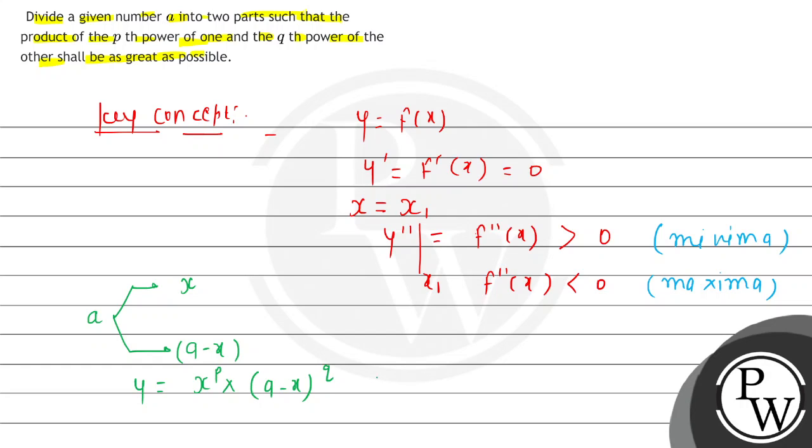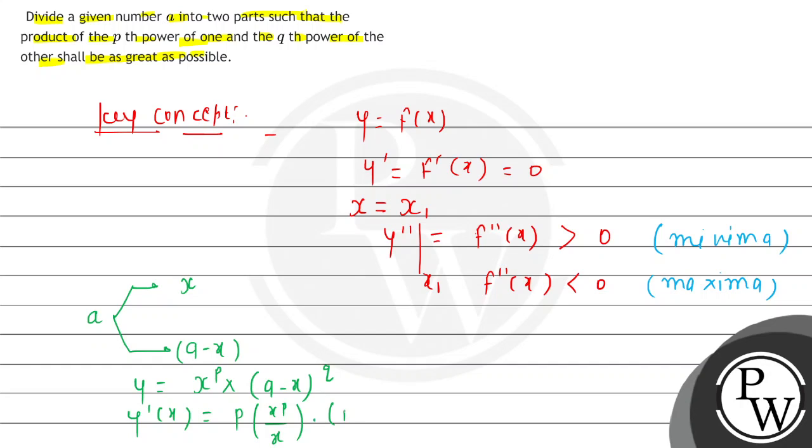We'll take the derivative to find the critical points. So y dash of x: we know how to take the differentiation.